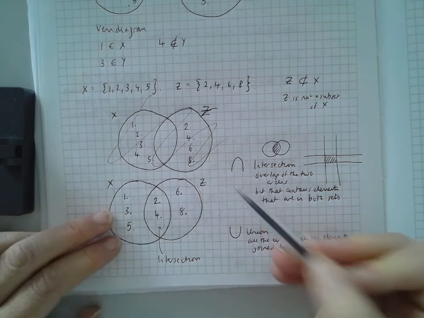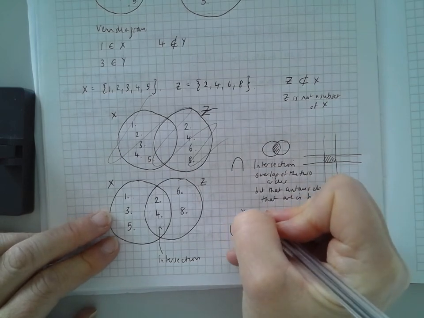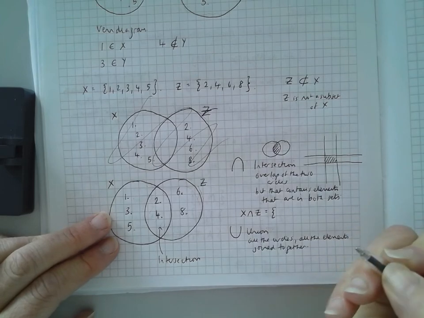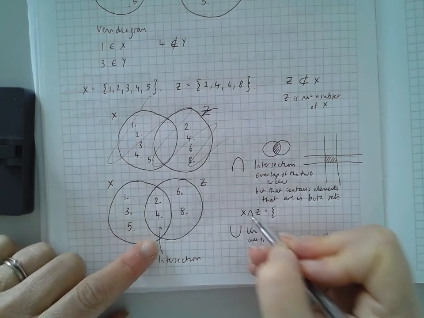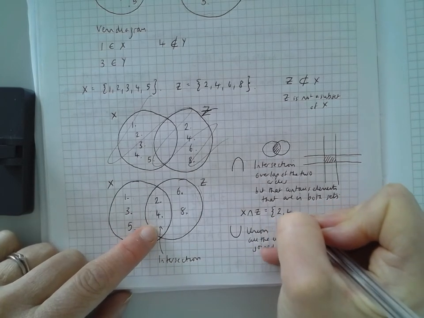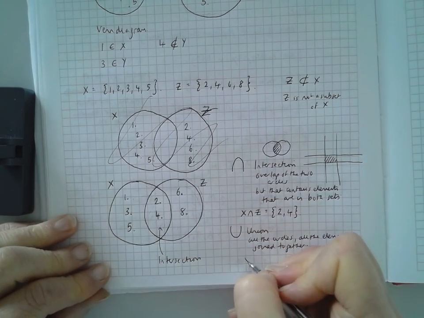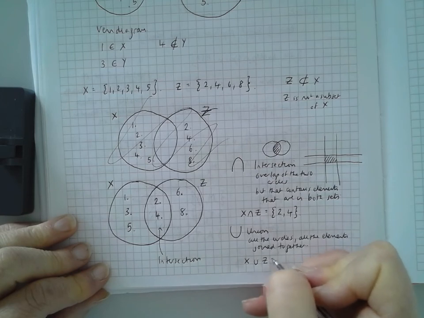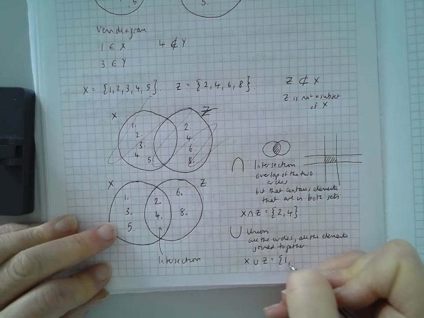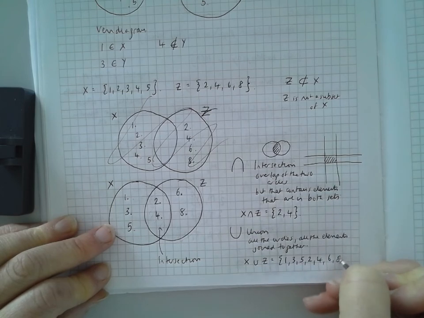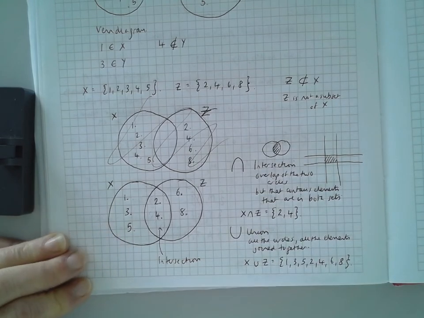We write X intersection Z equals, and we draw curly brackets because it's a set in itself, 2, 4, and X union Z equals 1, 3, 5, 2, 4, 6, 8, everything in the 2 sets.